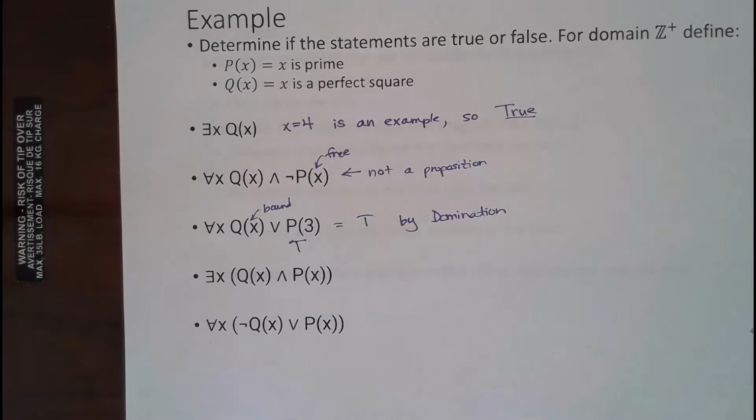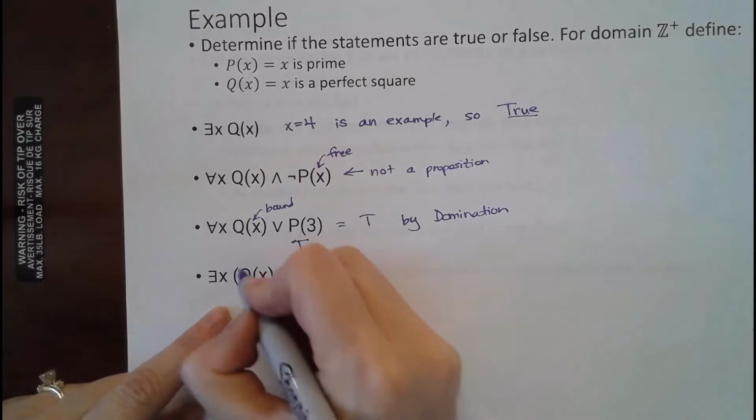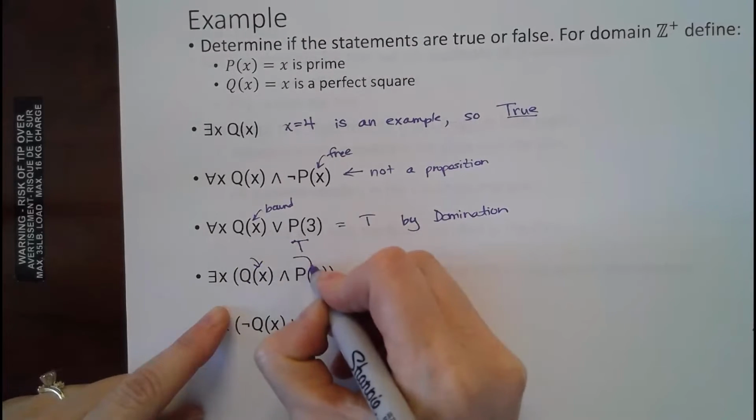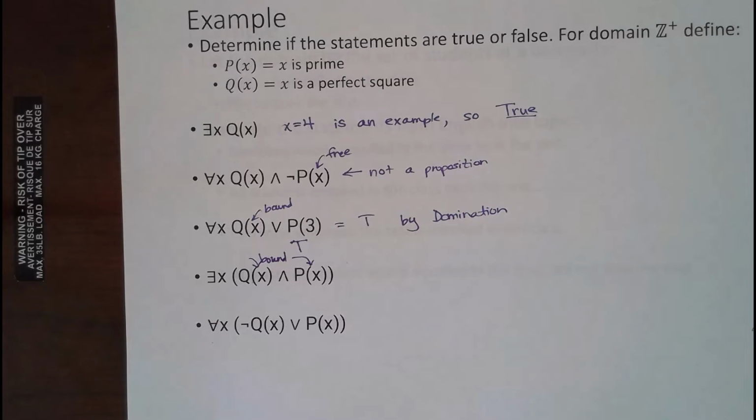Alright, next one. There exists an x, blah, blah, blah. Are all the variables bound? This time, yes, because of the parentheses. Because of the parentheses, these are both bound. So this one is a proposition. Okay.